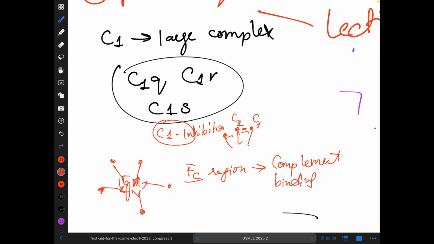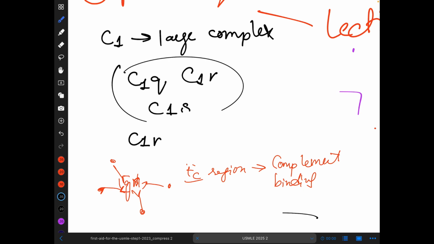By that, the C1 inhibitor will fall off and it will activate. How? Because the inhibitors are removed and fall off, and then C1R and C1S become active, and they will also create the same thing, C3 convertase.